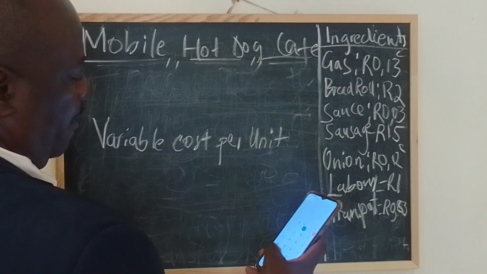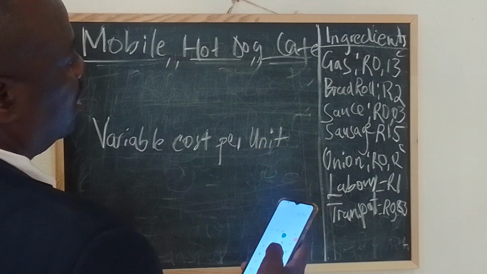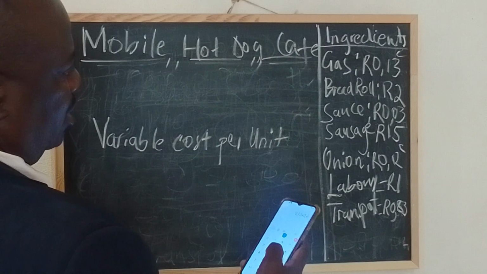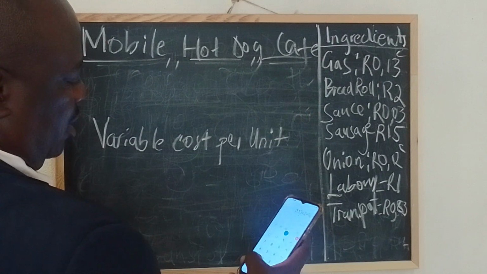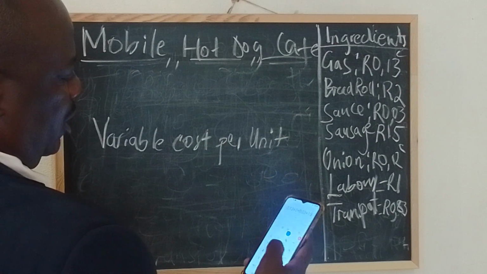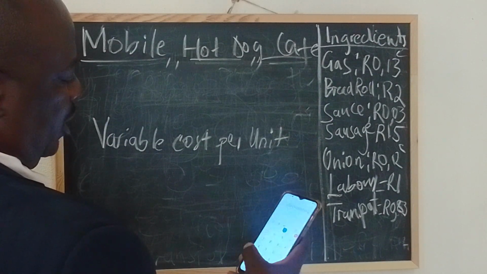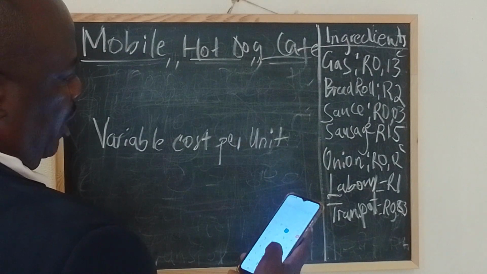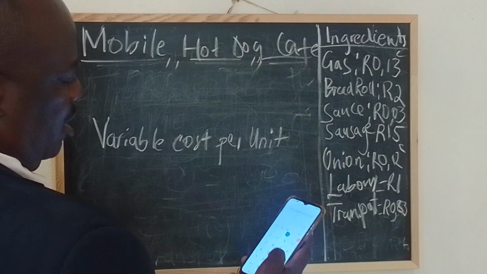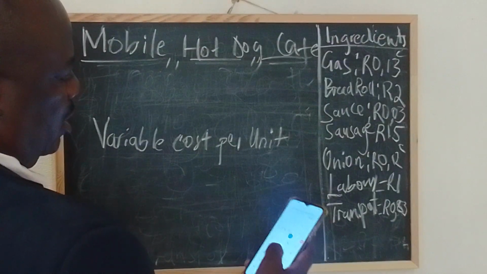So we've got 13 plus 2 plus 3 cents plus 15 plus 12 cents plus 1 plus 83 cents.